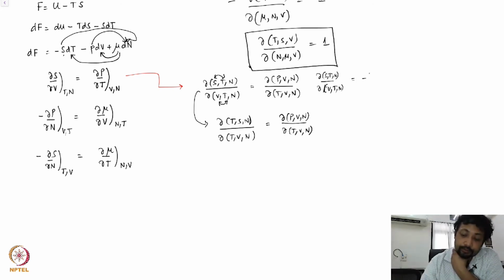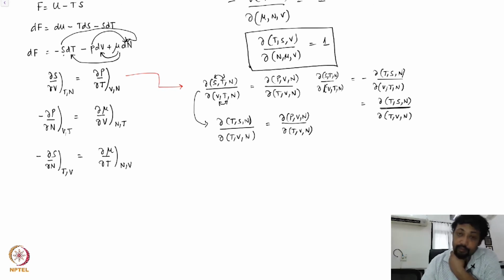is equal to minus del of t s n, and I have del of t, v and n, which is equal to del of t comma s comma n, and I will interchange v and t in the denominator to write it as v, t and n, and I will write this as t, v and n.